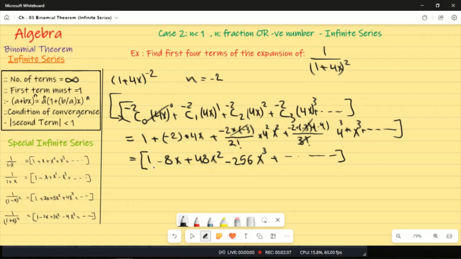Okay, and don't forget the condition of convergence.